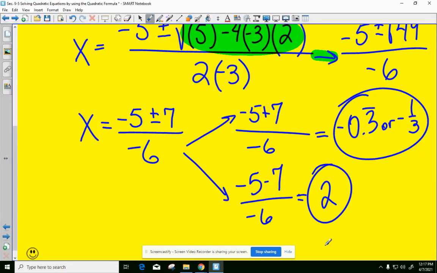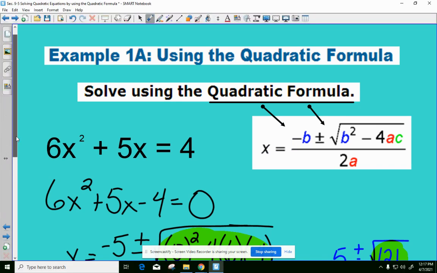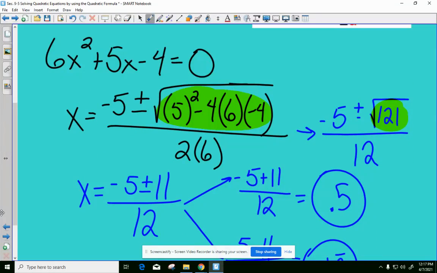The part that was under the square root, the b squared minus 4ac, the first time we did it, what number was underneath there? 121, right? So that number, what's that? Yes, this b squared minus 4ac, right?